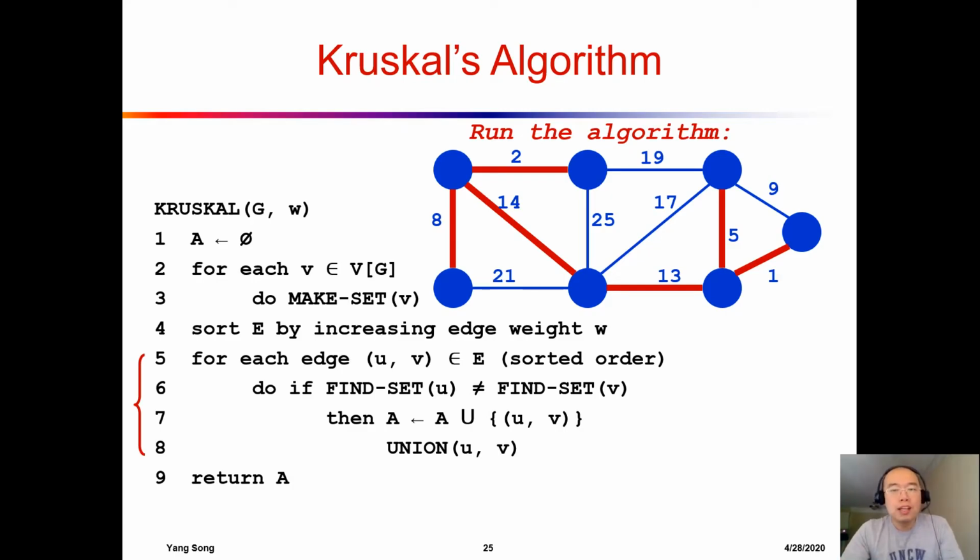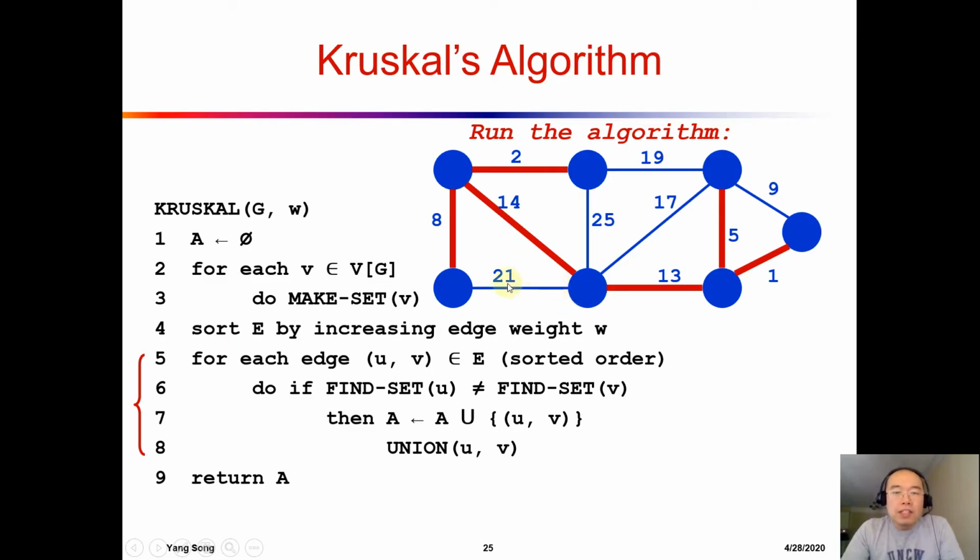And the trick here is we don't have any circle right now, right? So we don't have any circle. For all the edges which may introduce circles, for example this 21, if we take this 21, then we do have a circle, but we won't take that. Why?